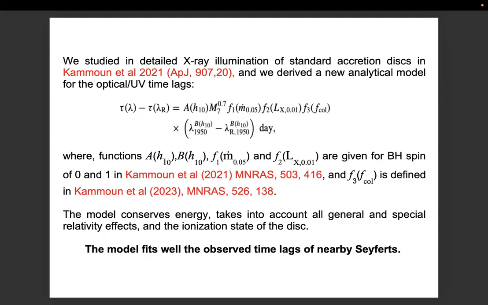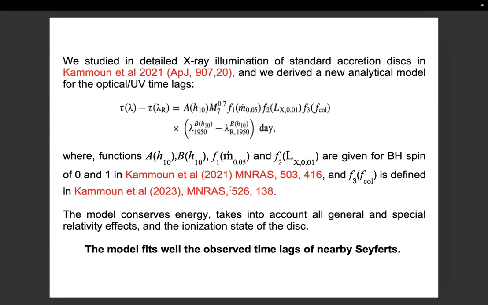And all these are functions of height, of accretion rate, and of the X-ray luminosity. And of course it depends on the spin. There was no spin in the previous equation, and these functions are given for 2 black hole spins. At that time, we didn't believe that we could actually estimate spin. We were wrong, but anyway, they are in these papers.